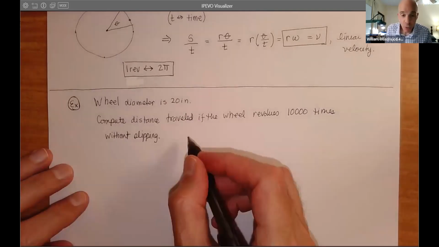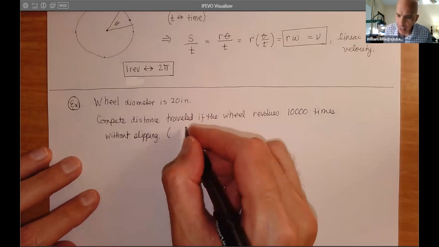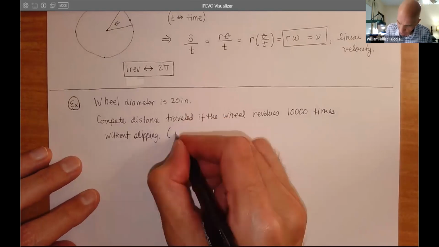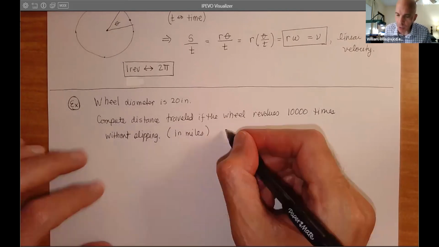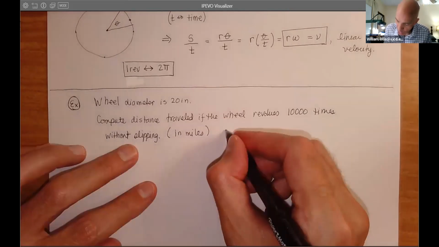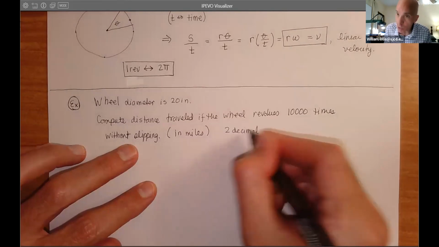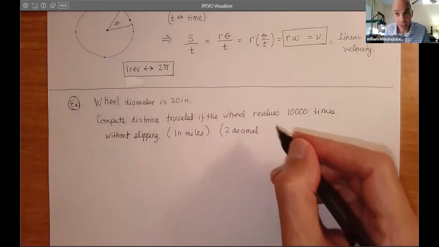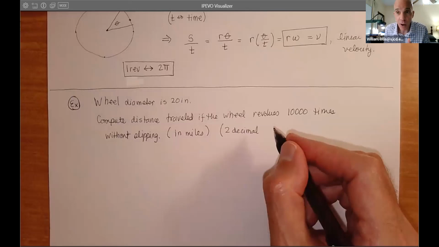And here's what WebAssign says. Of course, they're going to make your life more difficult. They say in miles. So we'll get an exact answer. And then they would like you to give a 2 decimal approximation. If they don't say approximate, you give an exact answer. And I'll remind you, do not give me decimals where it doesn't say approximate. You're going to make Professor Ron mad.